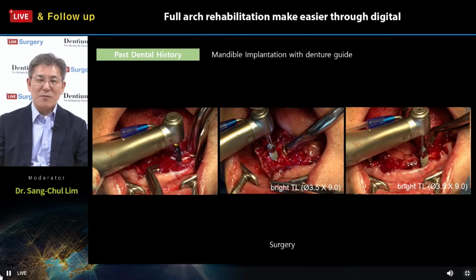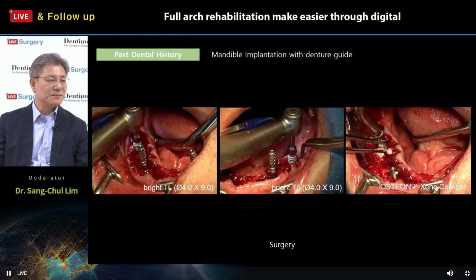However, the diameter is squeezed to 3.5, yet it has very similar strength and works like a 4.0 bone level implant fixture. And 4.0, 9 millimeter on the molar site.